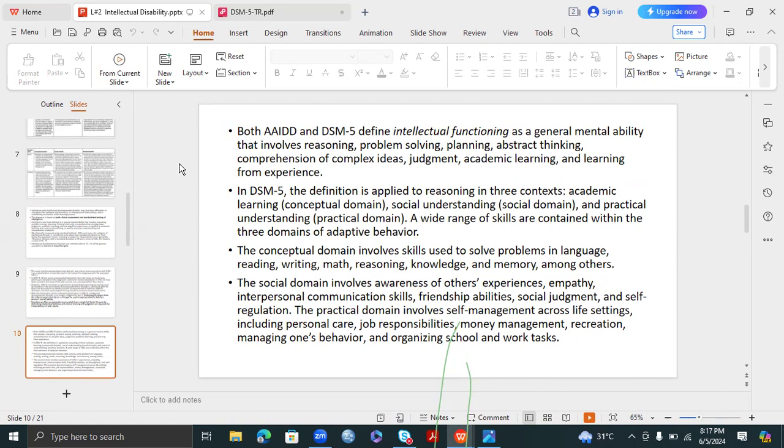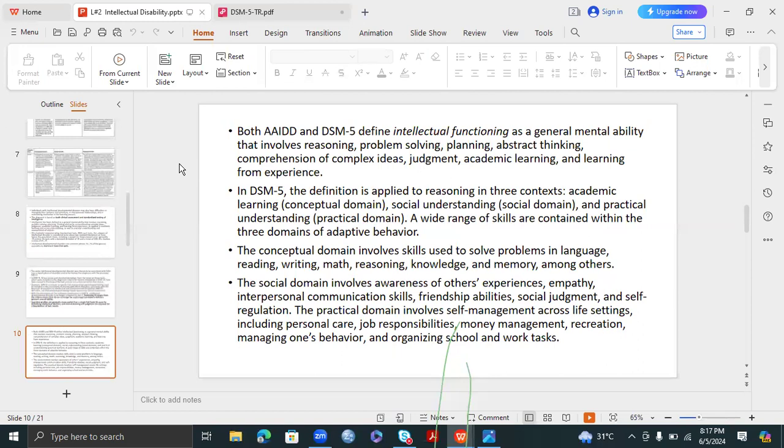If I'm talking about the social skill of an individual in comparison to the adaptive functioning, then I'm actually talking about the pillar of the person's adaptive functioning in terms of awareness of others' experiences, the empathetic responses, interpersonal communication skills, friendship abilities, social judgment, self-regulation. I'm talking about all that.